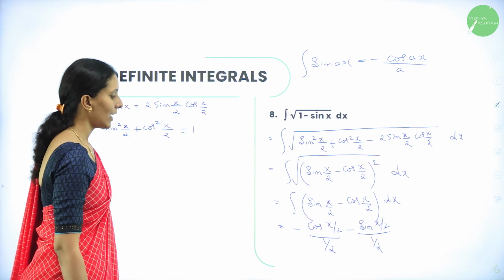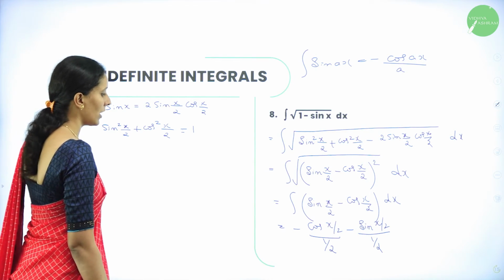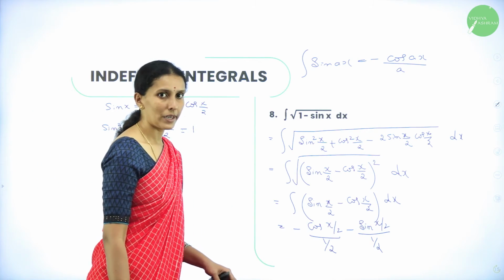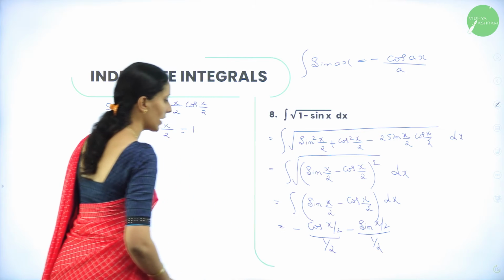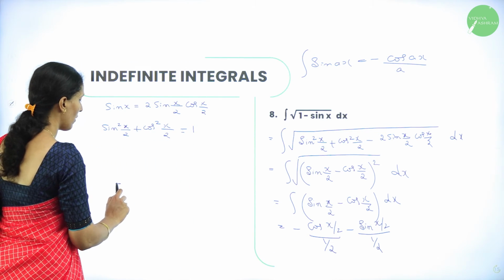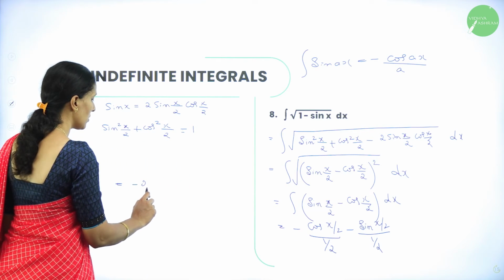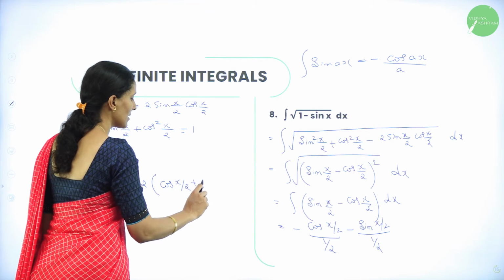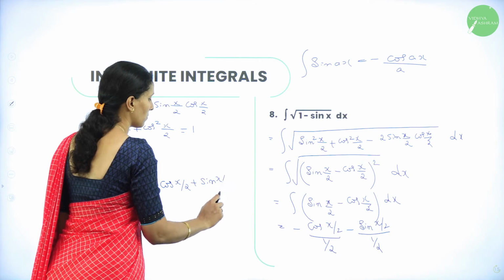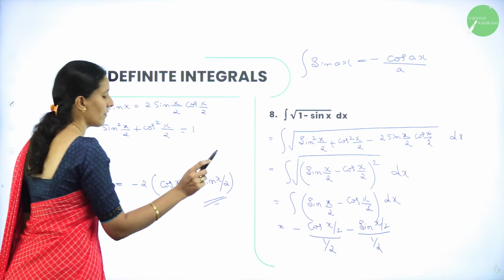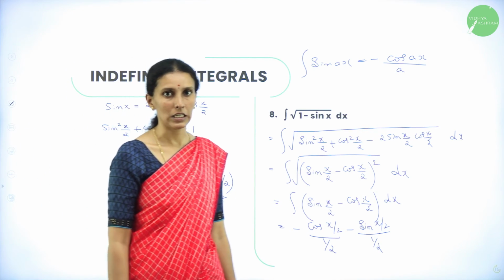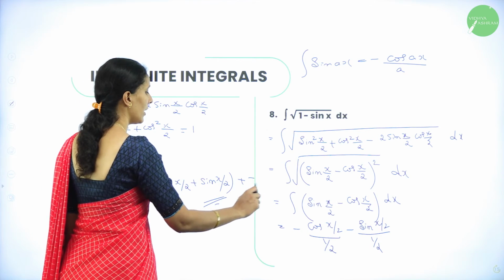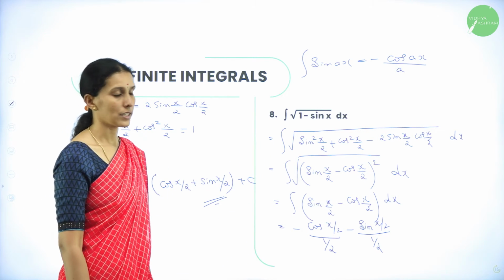So we can take minus 2 outside. Half, when it goes to the numerator, it becomes 2 here. Also, we can take minus as a common. So the value can be written as minus 2 into cos x by 2 plus sine x by 2. So this is the value of the given integral. So you can write the integration constant along with it.